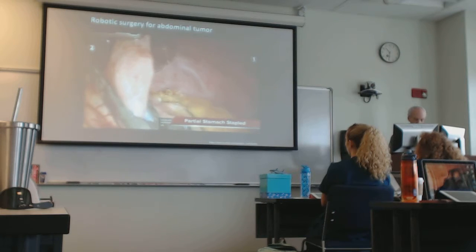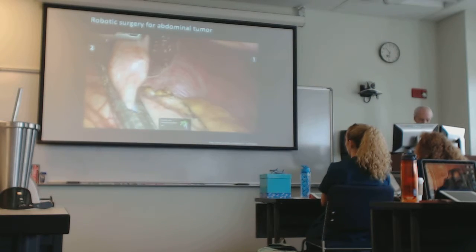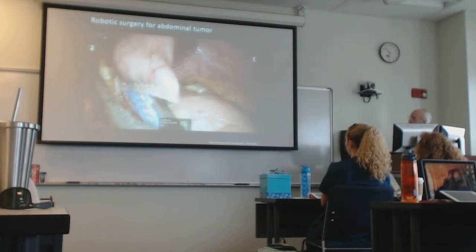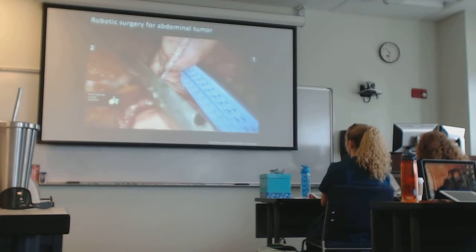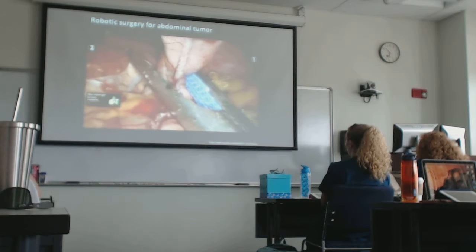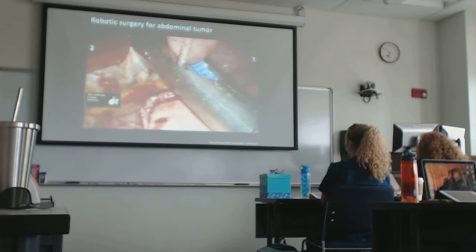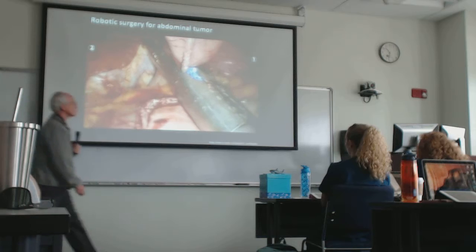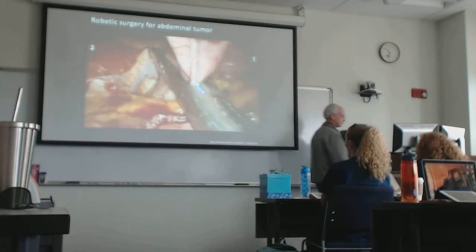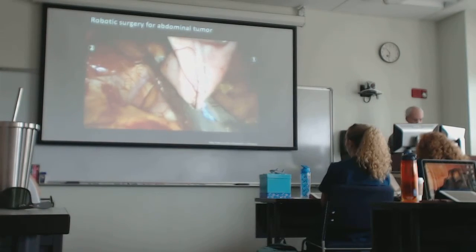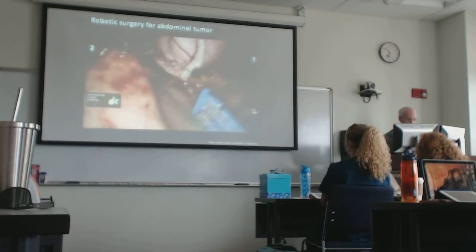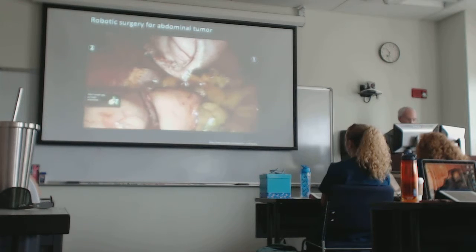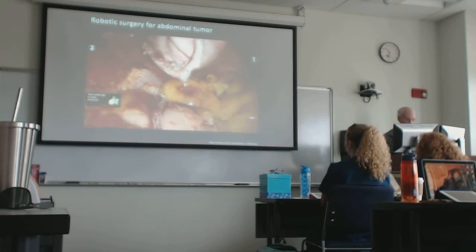Whoa. And there we go. Oh, just like that. So you can see they stapled off a portion of it there. That's awesome. And so now that portion has been entirely isolated from the main body of the stomach.